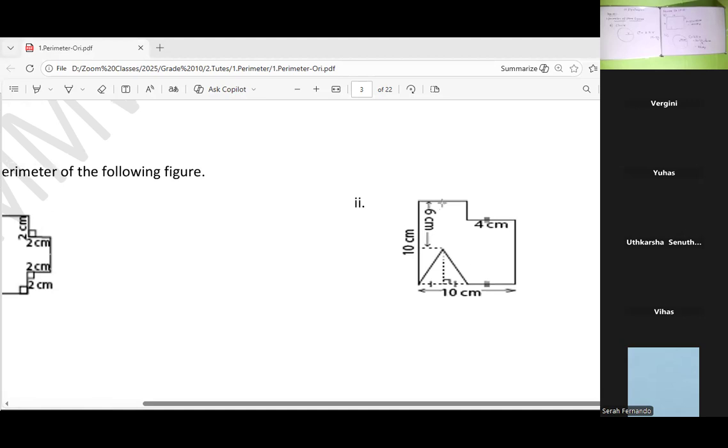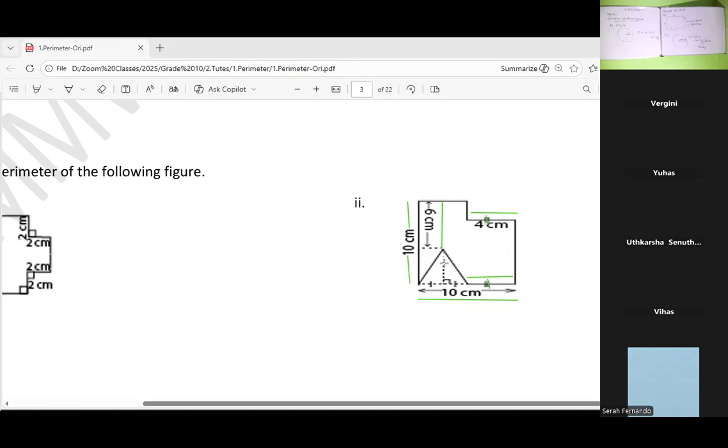This length is 6 centimeters, this length is 4 centimeters, and this total length is 10 centimeters. If this is 4 centimeters, they have given that this length is also 4 centimeters, and this total length is 10 centimeters.